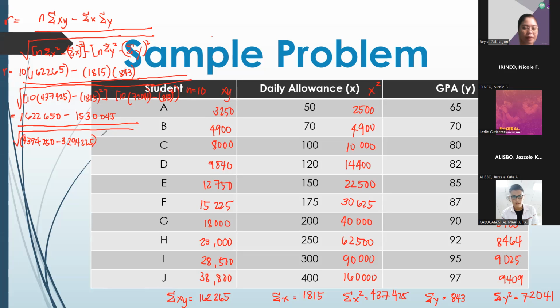And then multiplied by 10 times 72,041, which is 720,410, minus 843 squared. This is 710,649. Okay, let's proceed.